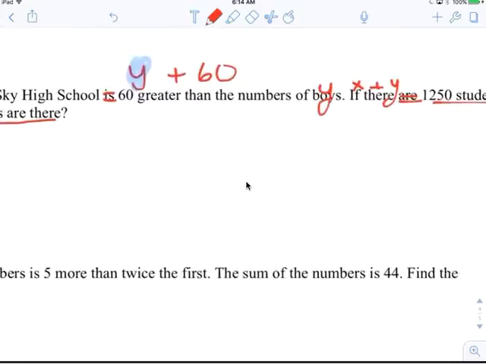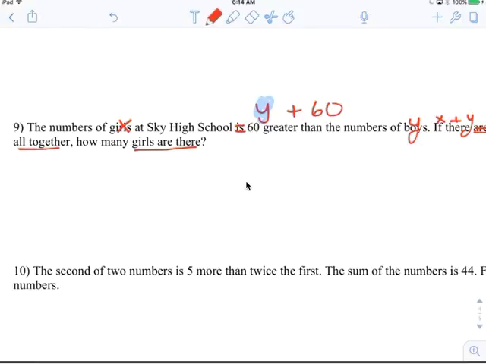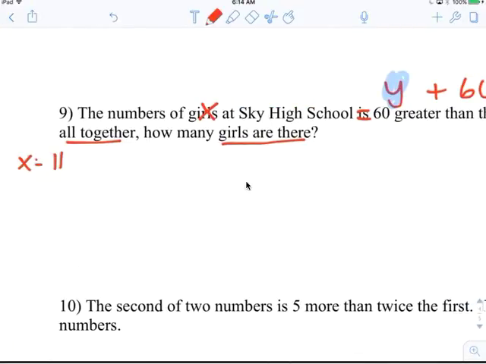Okay, so X obviously represents the number of girls. Y represents the number of boys. Okay.